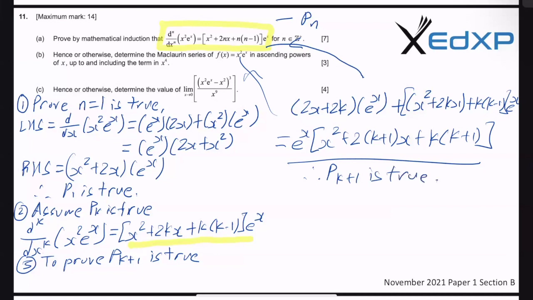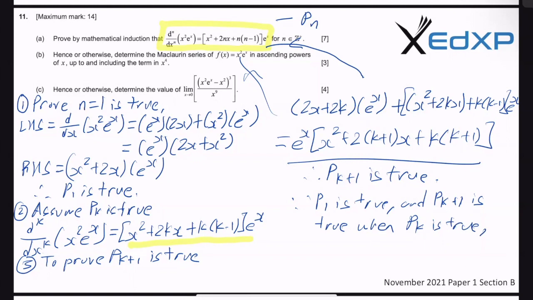And our final statement: since P1 is true, and P(k+1) is true when Pk is true, our assumption, then it makes sense to say that n equals 1 is true, n equals 2 is true.